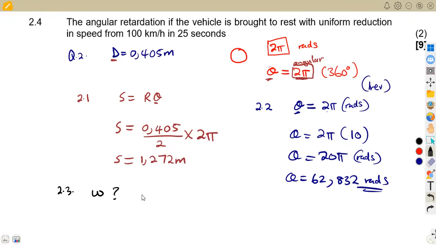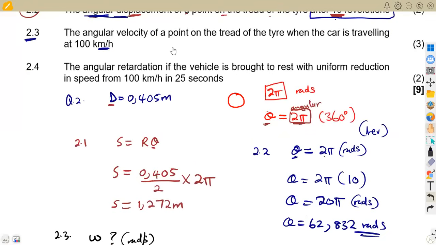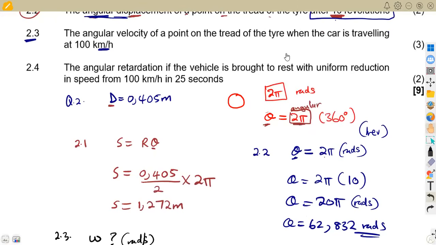We do not know our angular velocity in rad per second. But what we know is that it's taken from a point on the thread of the tire when it is traveling at this speed, which is 100 kilometers per hour.